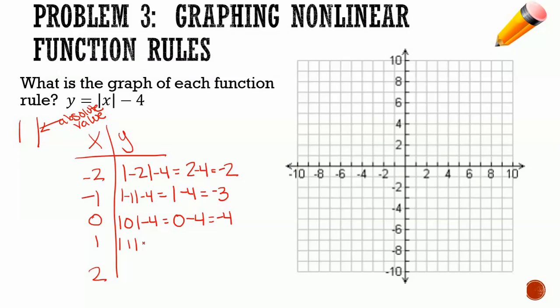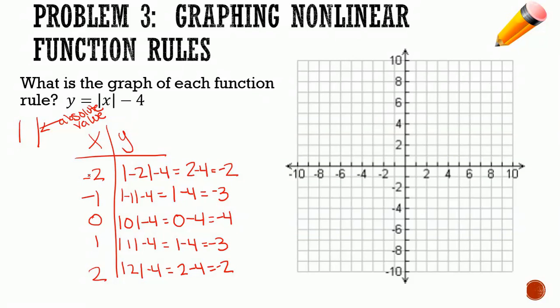Let's plug in a 1. So 1 is 1 away from 0, so I'm going to have a +1. 1 minus 4 is -3. Plug in 2. Absolute value of 2 is 2. 2 minus 4 is -2. Isn't that kind of cool? It kind of actually makes like a little mirror effect.